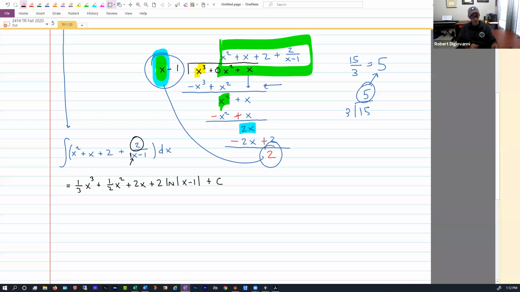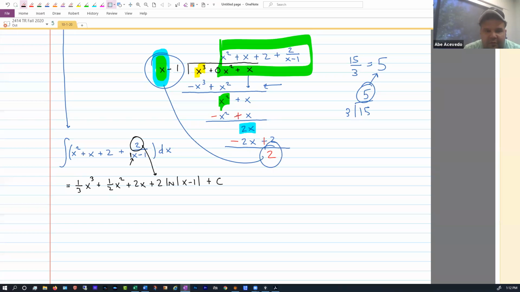That's out front. But the rest of it's just natural log of x minus 1. And that's it. We're done. With that problem, we were able to just do long division. And what we got, we could handle. We did not need to do partial fraction decomposition for this problem.